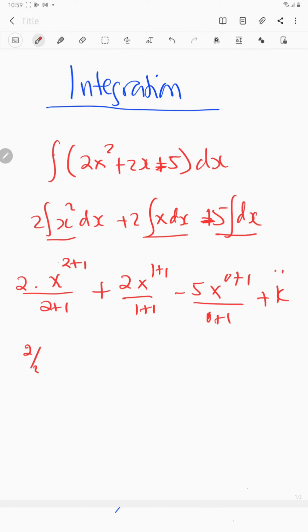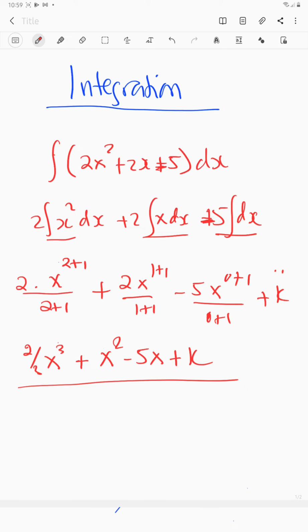So it can be 2 over 3 x to the power 3, plus x to the power 2, minus 5x, and then plus a constant, which is k. So this is the integral of that particular sum.